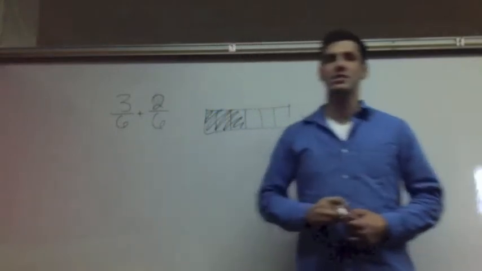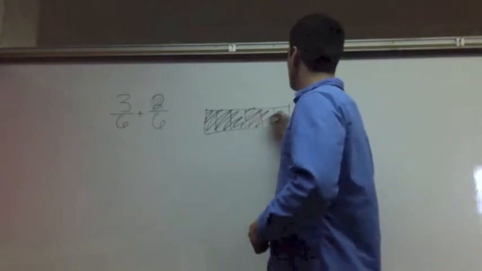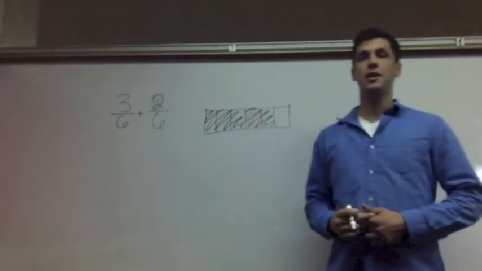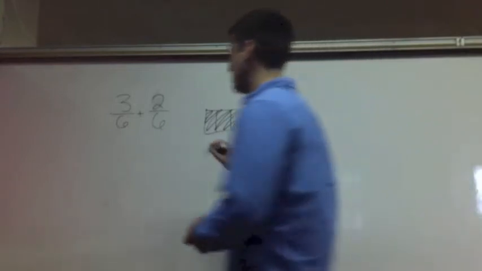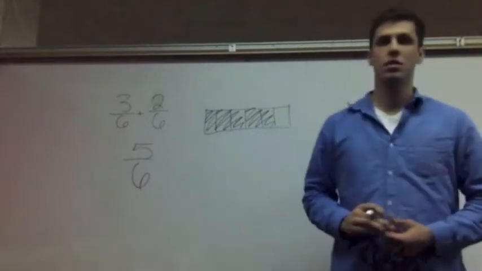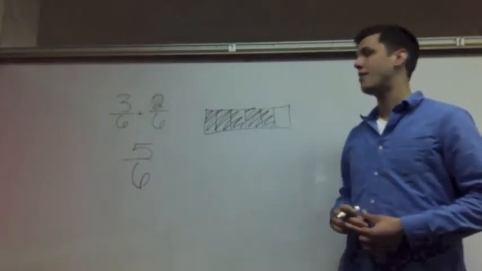The next fraction says add 2 more slices out of the 6 and color them in. How many did we color in total? We colored in 5 out of the 6 slices. So 3/6 plus 2/6 equals 5/6.